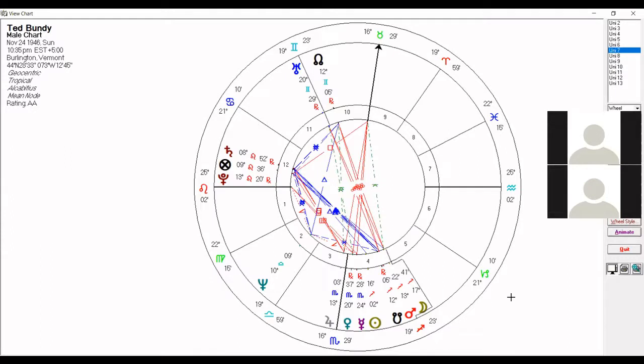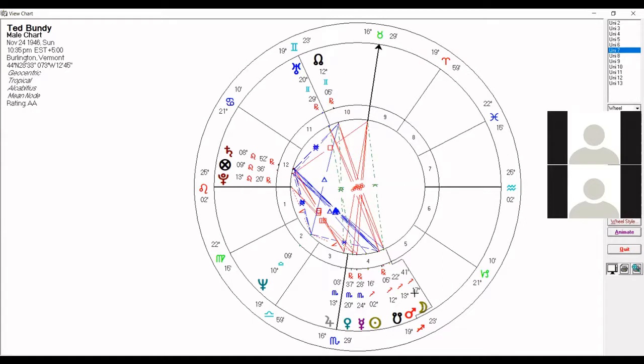But let's see. If we think about the Chaldean order, Saturn is the slowest, then comes Jupiter, then Mars, then the Sun, then Venus, then Mercury, then the Moon. Now the Moon is the fastest planet in this chart. Is it applying to any planet in this chart?